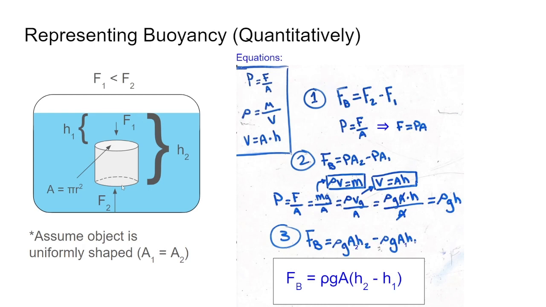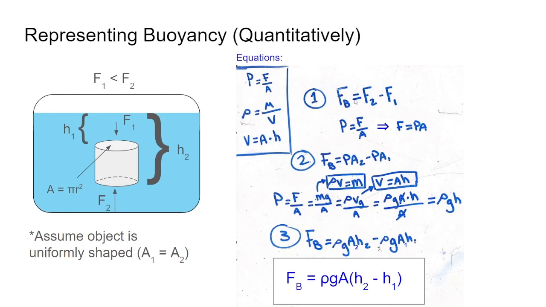There are as well horizontal forces that similarly act on the sides of the object, but these left and right forces cancel out. As addressed in the last slide, because pressure becomes greater the deeper in water you go, F2 will be larger than F1. The difference between these two forces will give us buoyancy, as represented here.